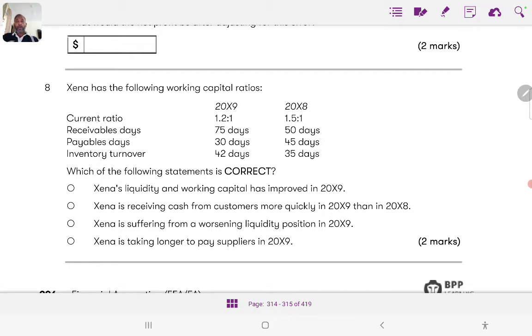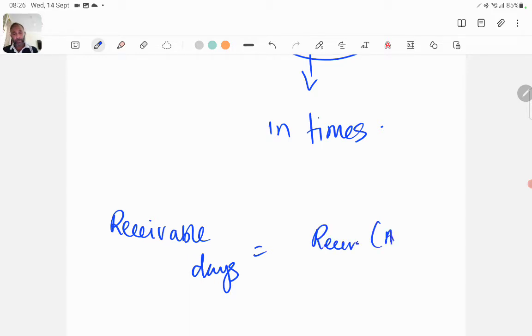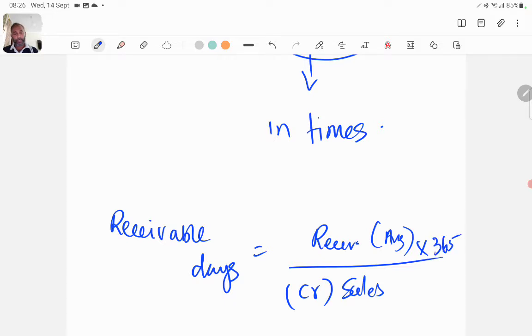Inventory turnover also tells us we had to keep our inventory in our warehouse for 42 days prior to it being sold to customers. Now the calculations for receivable days and payable days: receivable days you calculate like this: average receivables divided by credit sales, multiplied by 365.